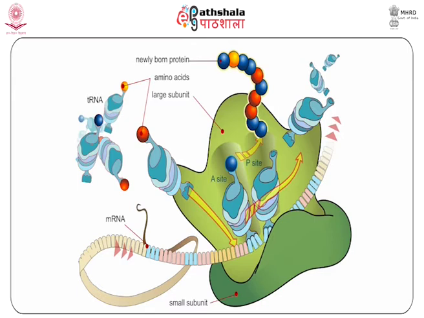This process uses transfer RNA, or tRNA, molecules to deliver amino acids to the ribosome, where ribosomal RNA links amino acids together to form proteins.